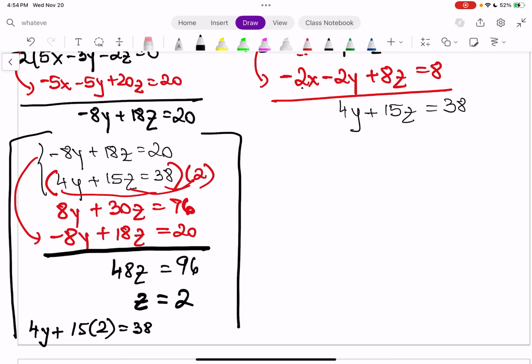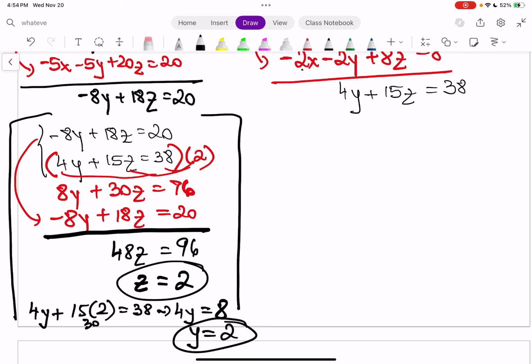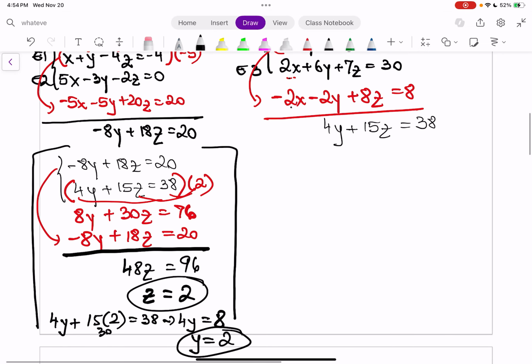So plug in 2 for z now, and that should get you solving for y. So I'll get 4y plus 30 equals 38. So if I subtract 30 from 38, I'm going to get an 8. So I'm moving that over, divide by 4, so y is 2. Okay. So I finished solving this 2 by 2 system.